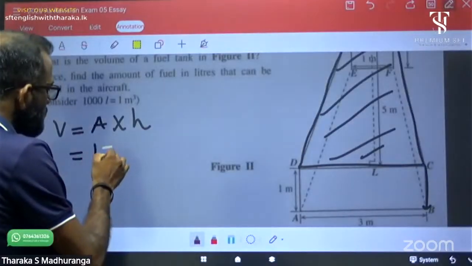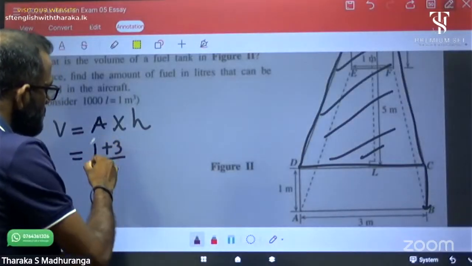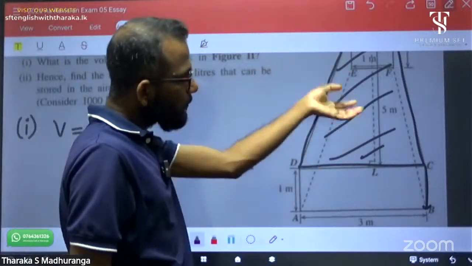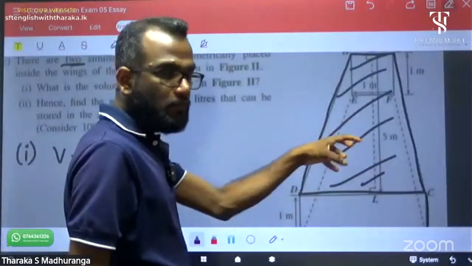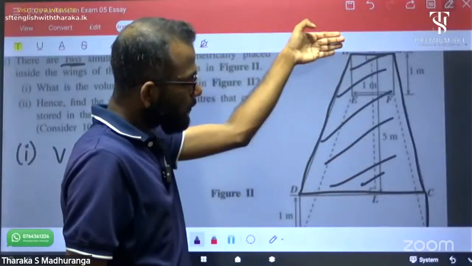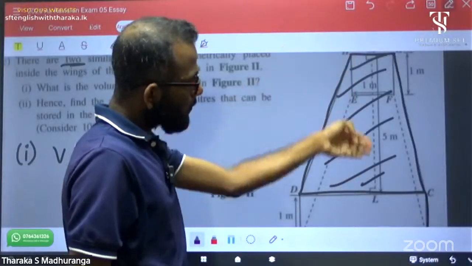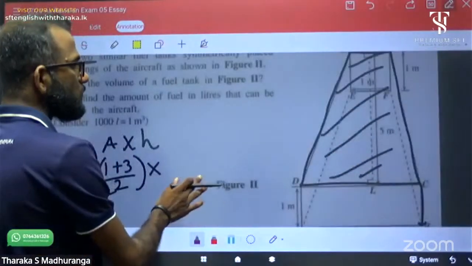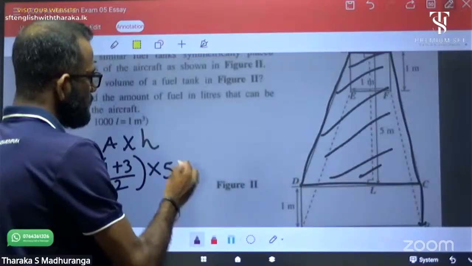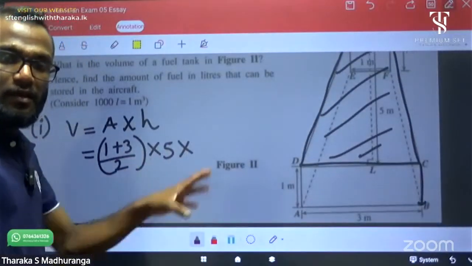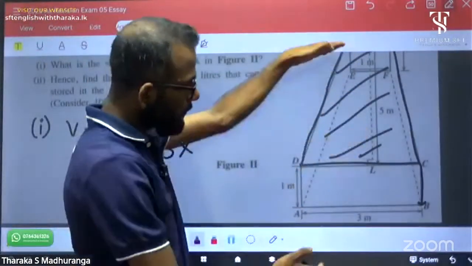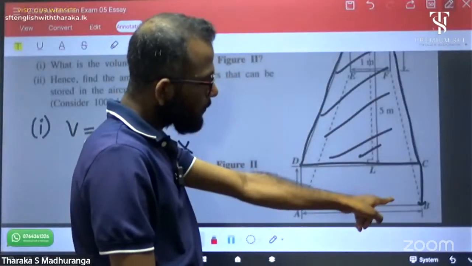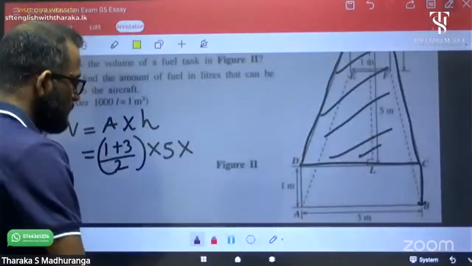Then (1 plus 3) over 2, multiplied by the perpendicular height of the trapezium, not the fuel tank, the perpendicular height of the trapezium, which is given as 5 meters. And the fuel tank height: this is a flat surface and the depth is 1 meter.